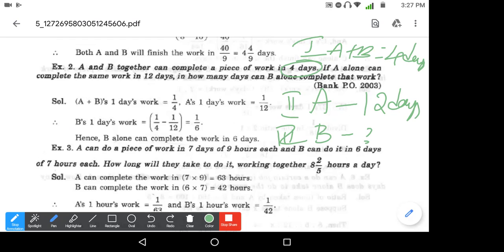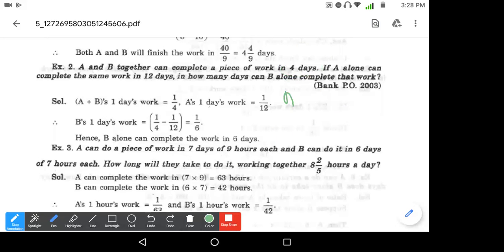If A and B are working together, 4 days is enough to complete the work. If A alone is working, he requires 12 days. If B alone is working, how many days does he require? So if A plus B are taking 4 days to complete the work, then for 1 day they will be working 1 by 4.